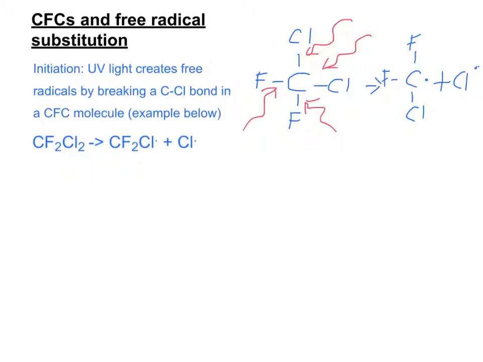Now the Cl radical goes off, or the CF2Cl radical can equally go off and cause a propagation. Or, if you've got some ozone nearby, the Cl radical can catalyze the breakdown of ozone. So that could be an alternative propagation step.